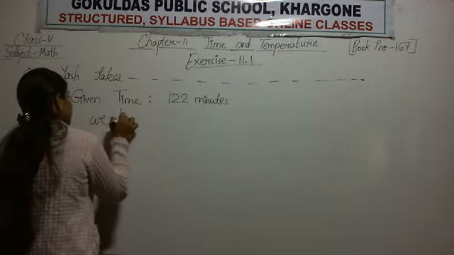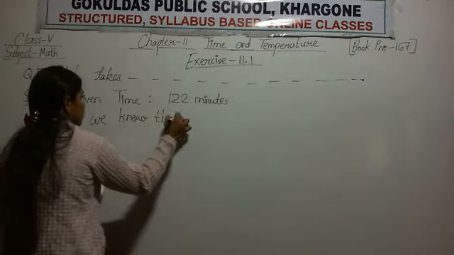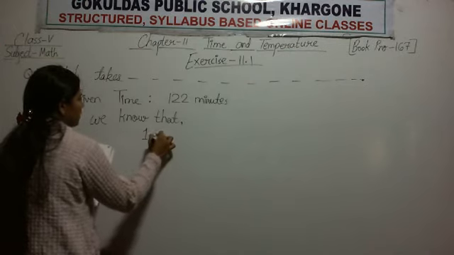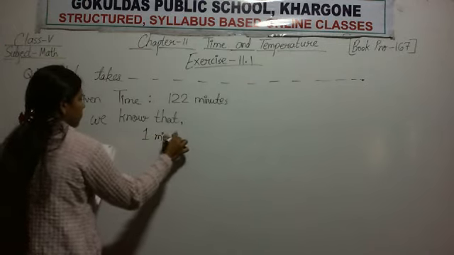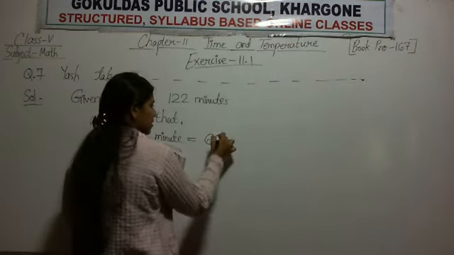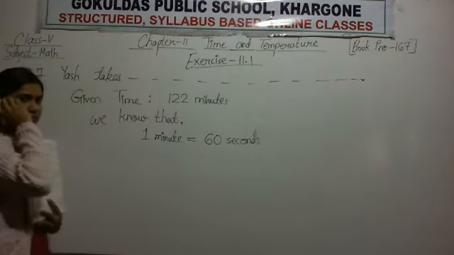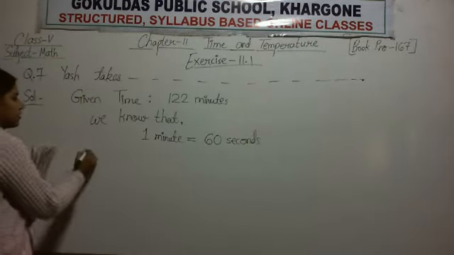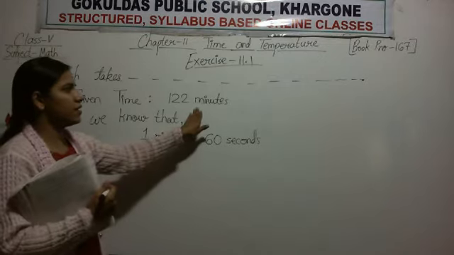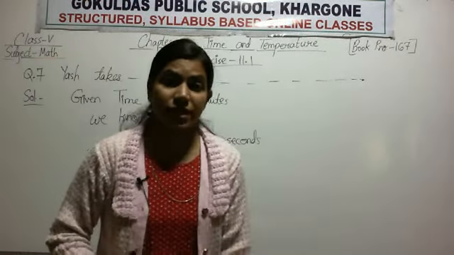So I am writing, we know that 1 minute, as data is given in minutes, so I am writing 1 minute is equals to how many seconds? 60 seconds. Right? Now, if we want to convert minutes into seconds, what we do? We multiply the number by 60.